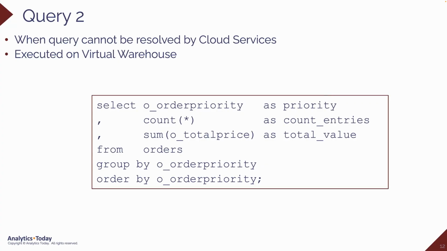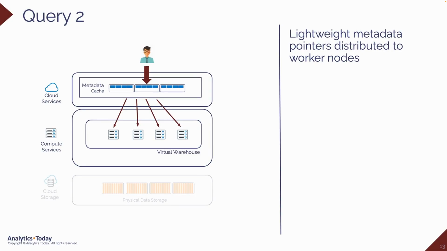If the query can't be resolved by cloud services, then it's executed in a virtual warehouse. Let's say we've got a query here that's selecting, ordering by and grouping data. When the query is received by cloud services, metadata holds the pointers and knows exactly where in the physical storage the data is held.